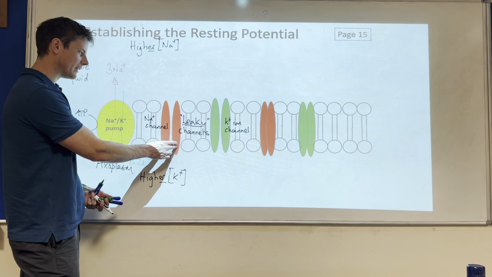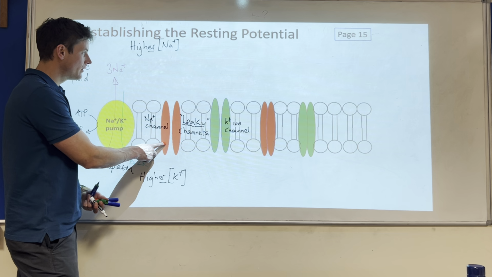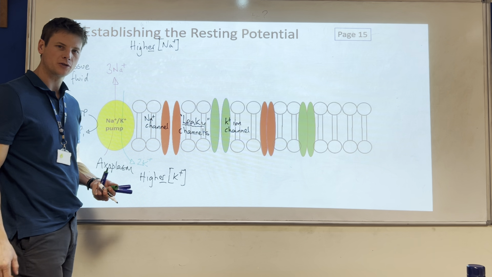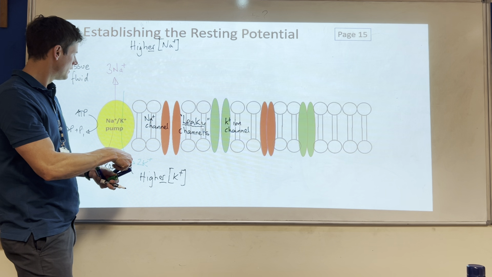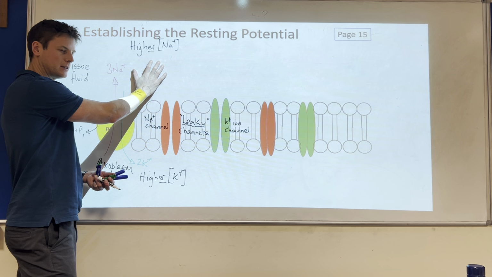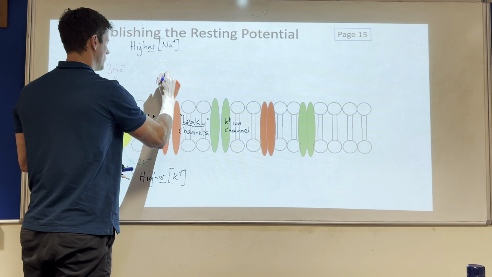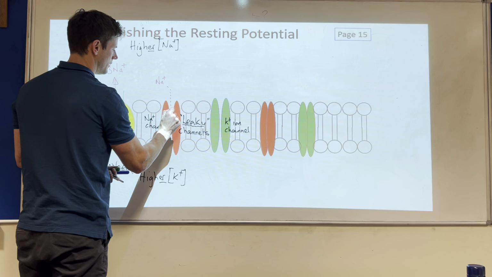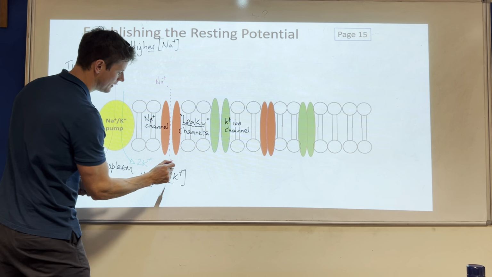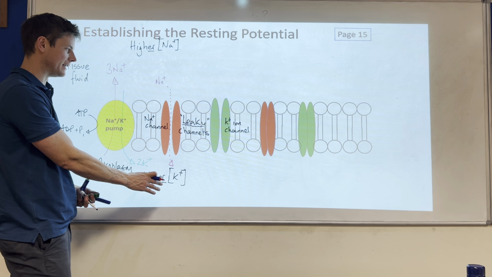So these leaky channels, the reason they're called leaky is they're always open, and they allow the diffusion of some of these ions down their concentration gradient. Okay, so we've got a higher concentration of sodium on the outside. That allows some, and I emphasise some here, sodium ions to diffuse back down their concentration gradient.